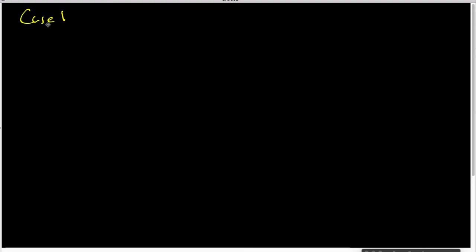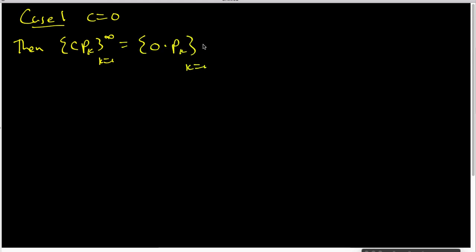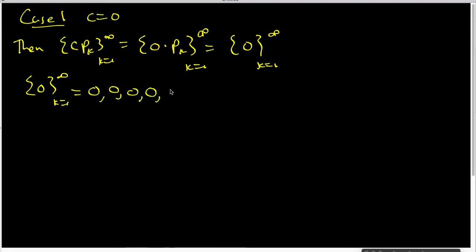As I said, case 1 is easy. If c is equal to 0, then what I know is that c times p_k, as k goes from 1 to infinity, is 0 times p_k. But that's going to be a constant sequence. And remember that this notation means 0, 0, 0, 0, 0, an infinite number of times.